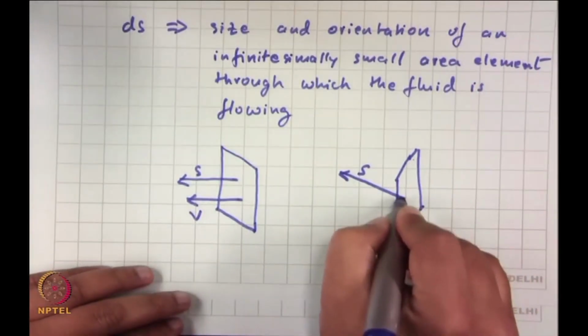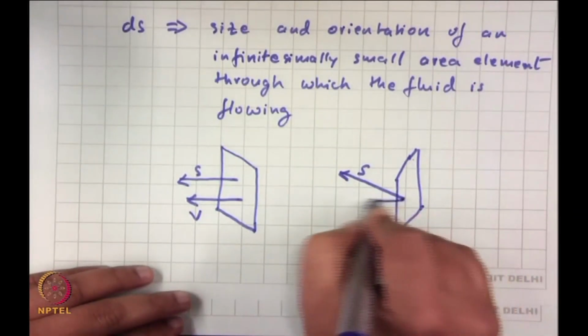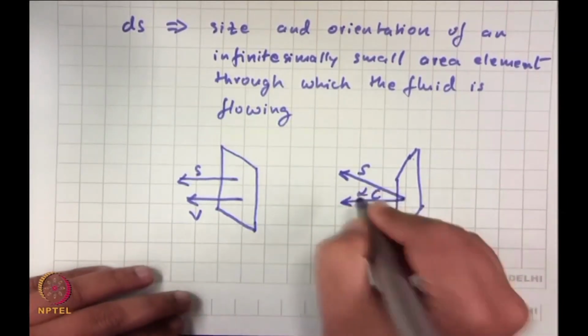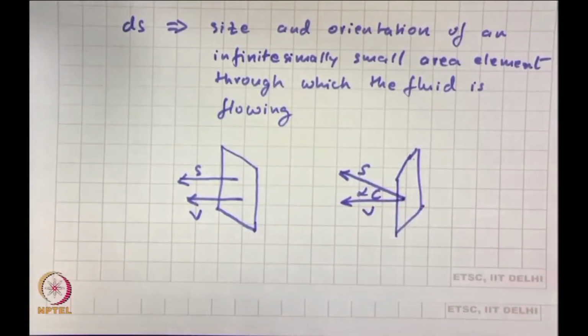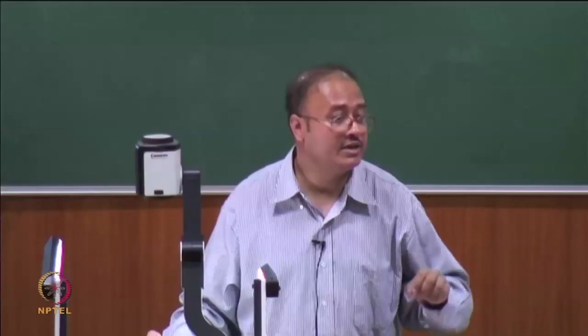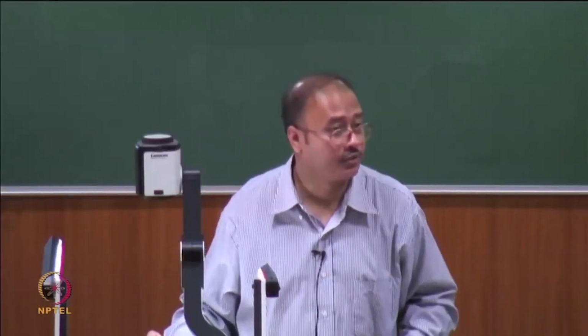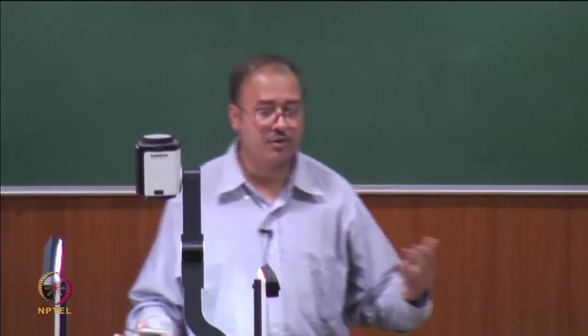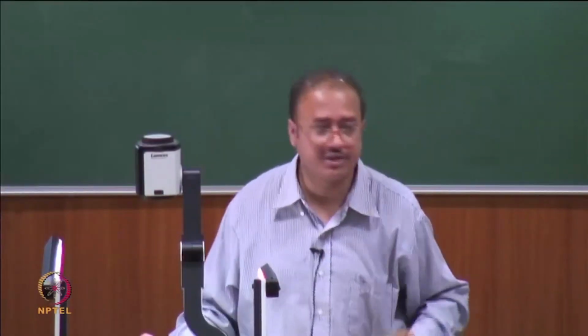But then the velocity orientation now changes, and this is your angle alpha. So, if you define dj, which is V dot ds, it would become V ds cosine of alpha, right, alpha being the angle between these two. And remember we talked about this angular dependence when we were talking about dipole orientations. So, this boils down to the same thing, right.